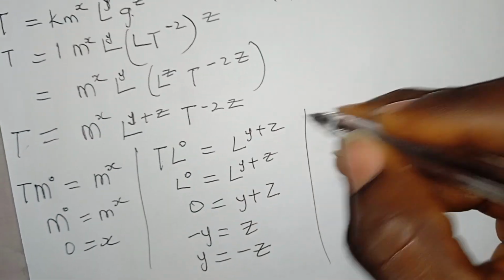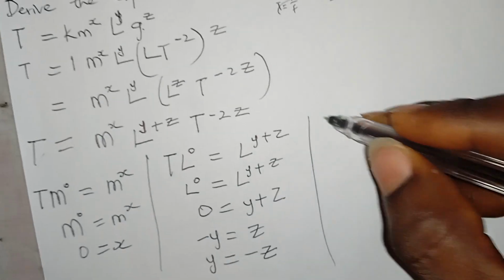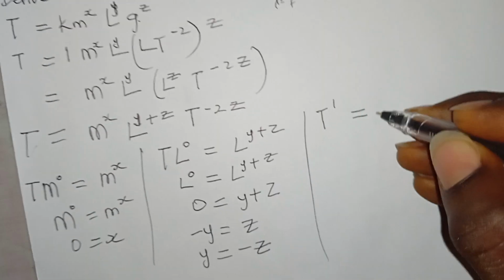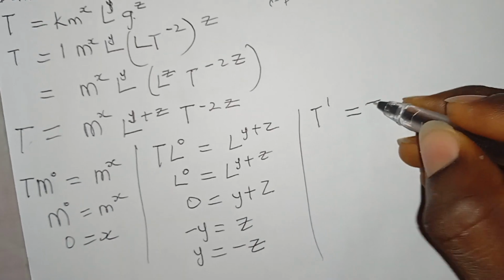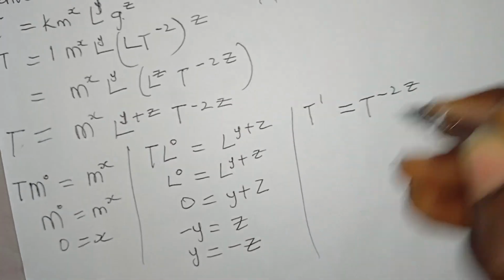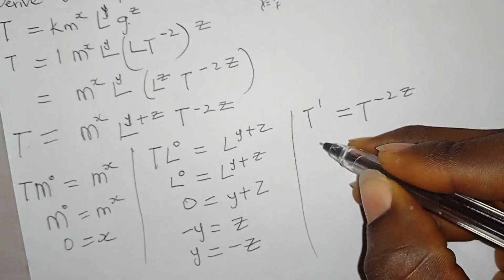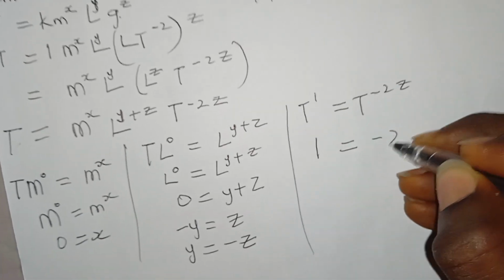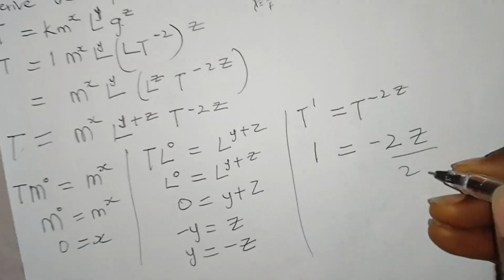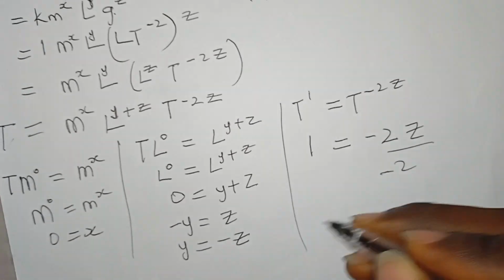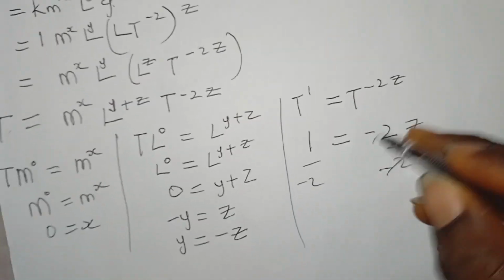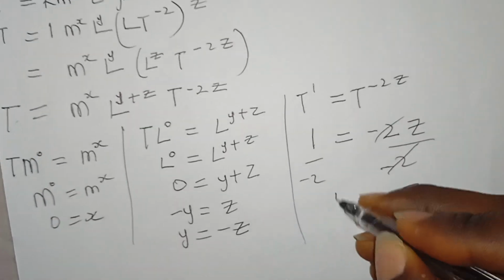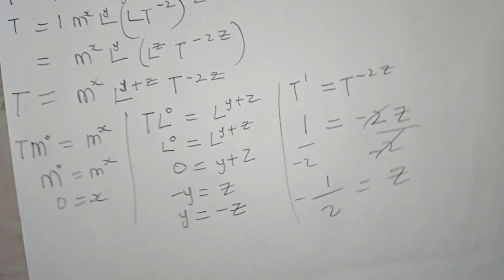Now for T, T is on this side, so this is T raised to power 1, and then T raised to power minus 2z. Making this, I now have 1 equals minus 2z. Divide both sides by the coefficient of z, which is minus 2. This will cancel, so that z is equal to minus 1 over 2.